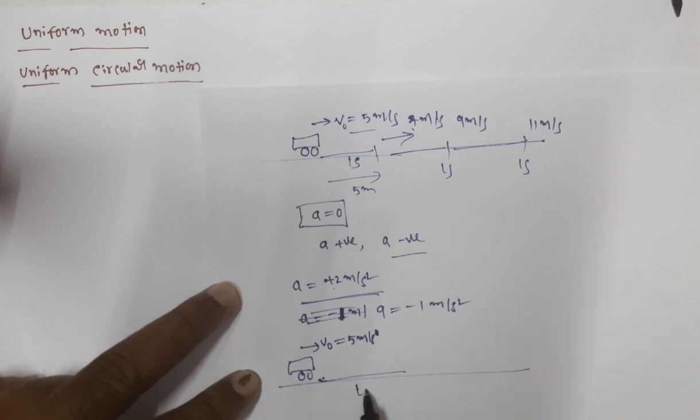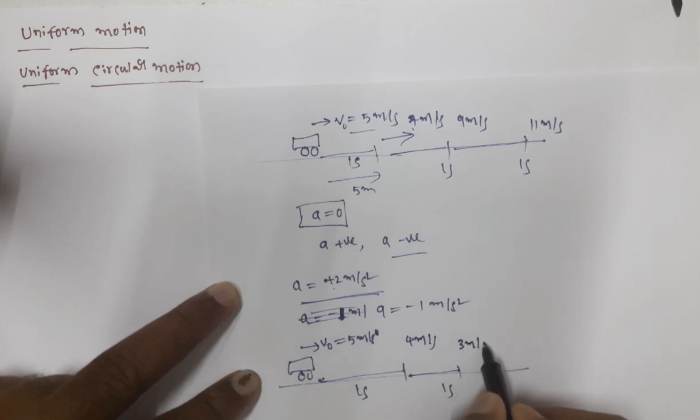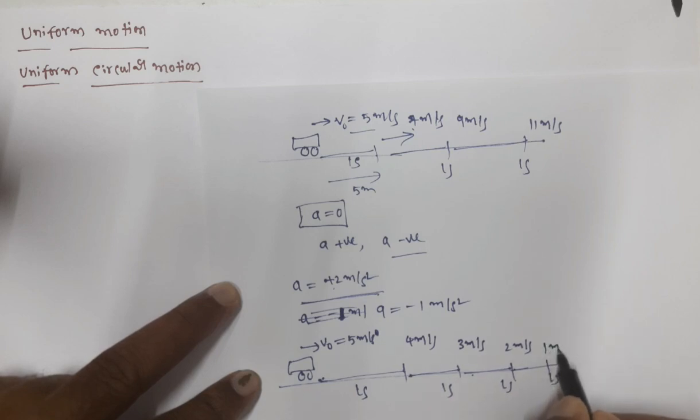After 1 second it travels a certain distance and the velocity becomes 4 meters per second. After 1 more second, the velocity becomes 3 meters per second, then 2 meters per second, then 1 meter per second, and after 1 more second, the velocity will be 0 meters per second.